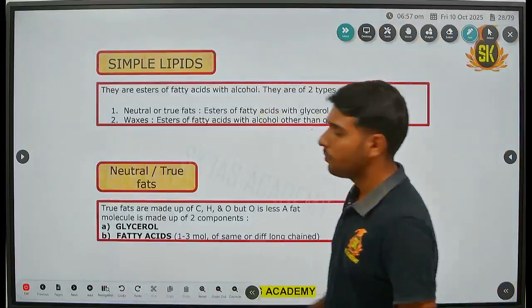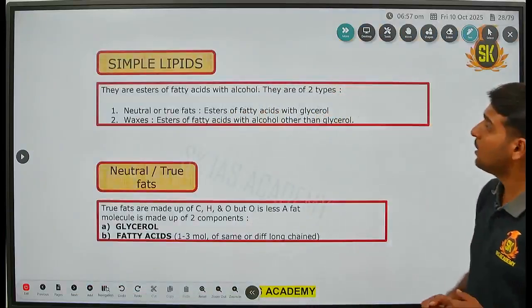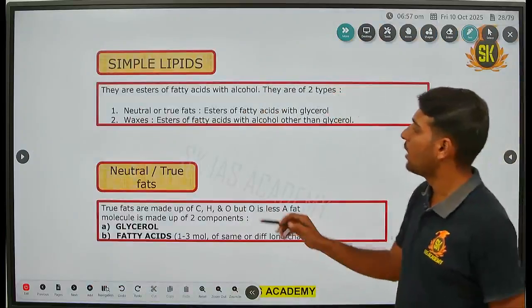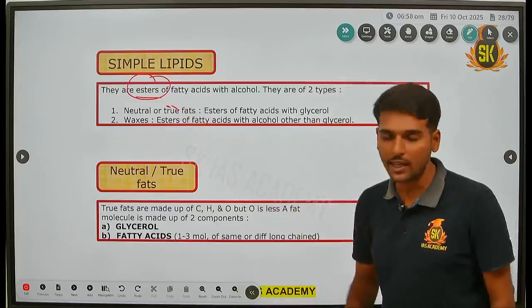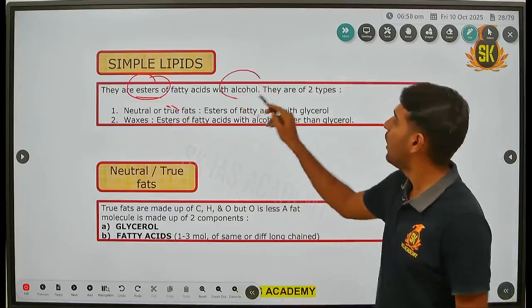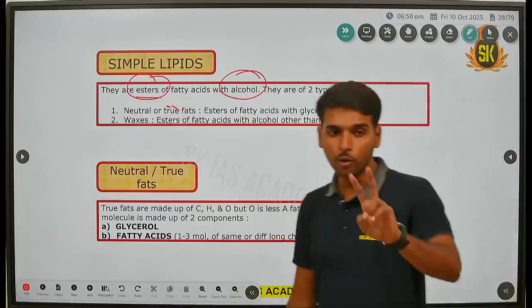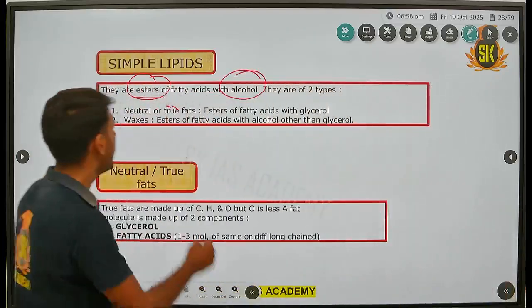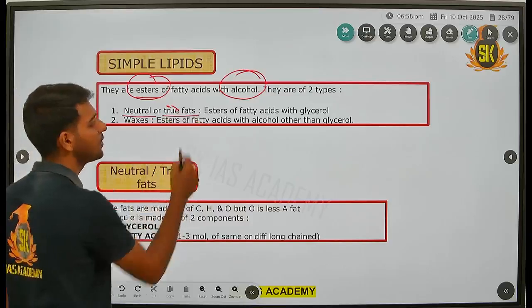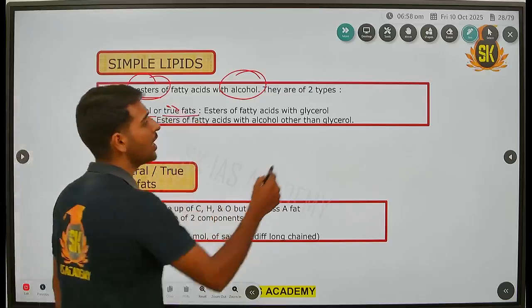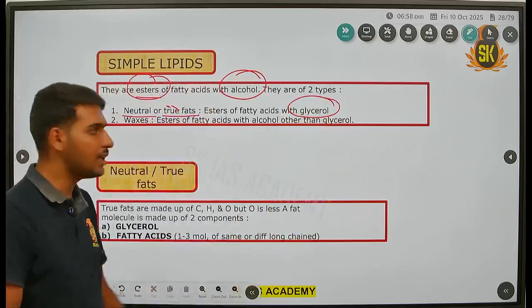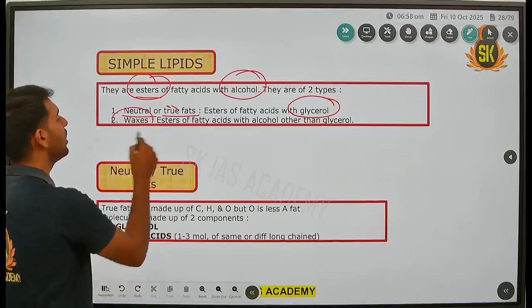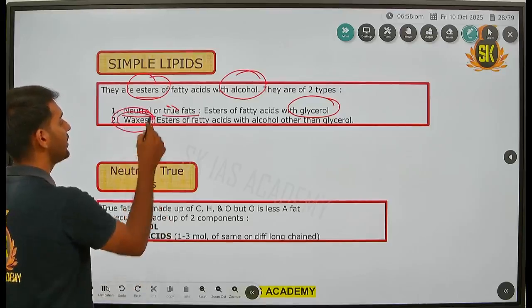So, terpenes. Simple lipids. As I said earlier, they are esters of fatty acids with alcohol. They are of two types: neutral or true fats, where the alcohol group is a glycerol. If it is other than glycerol, then it is considered to be a wax.